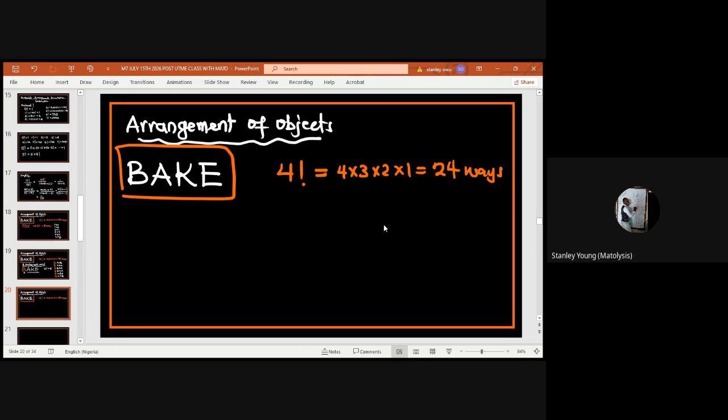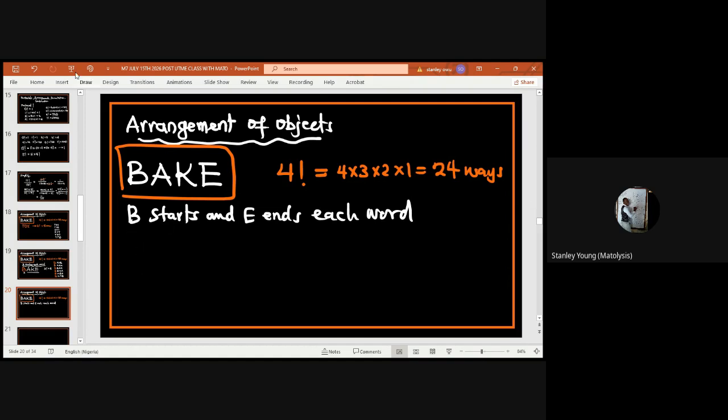Okay. What if the question is twisted further and they give an extra condition like B must start each word and E must end every word. B starts and E ends each word. Who can guess the number of ways you can do that in this case? 2. That's correct. That will be 2. So it will be 2 factorial, and 2 factorial is 2.